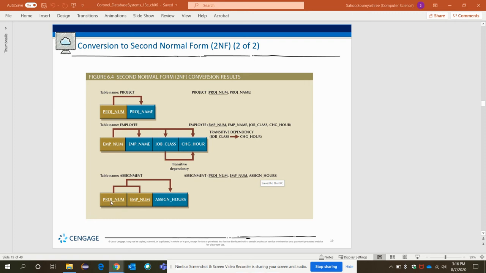And the rest is our project num and emp num determining all the rest of the attributes. As all the rest of the attributes have already been included in the other two relations, you don't have to include them again here. We don't need any repetition or duplicate columns in our table. Understood? That's why a temporary attribute can be added here as assign hours. This is something you can do.